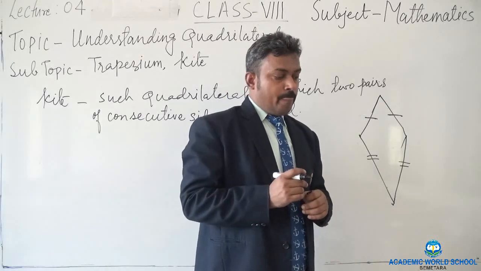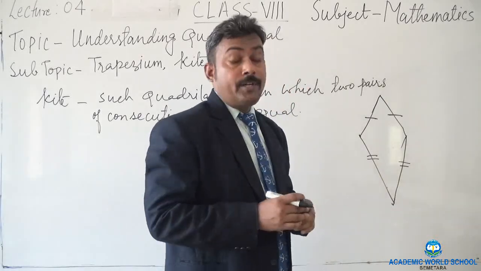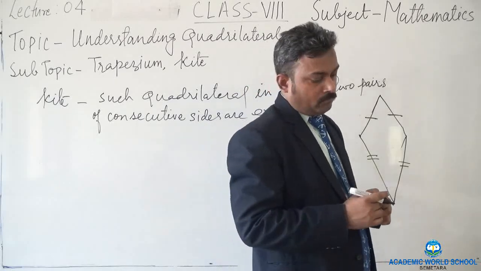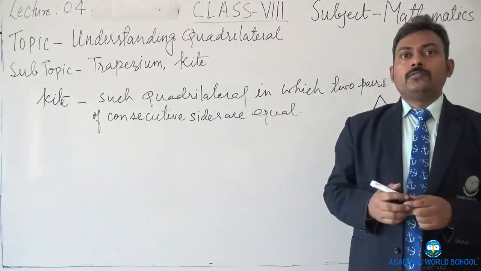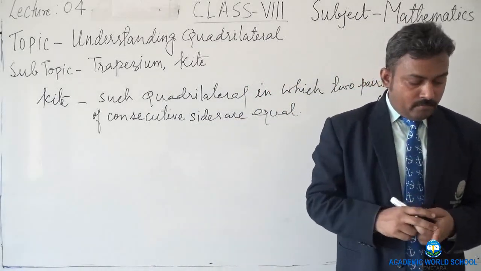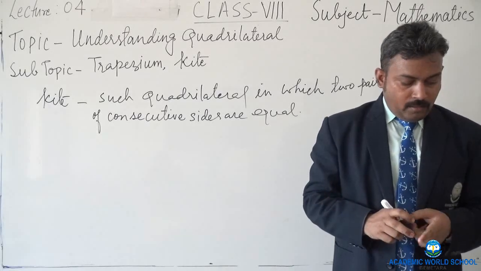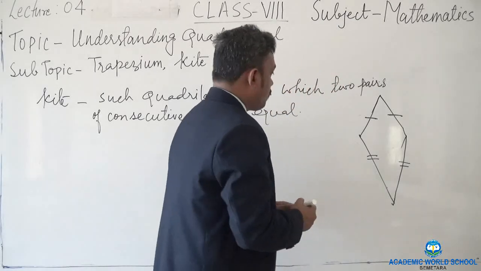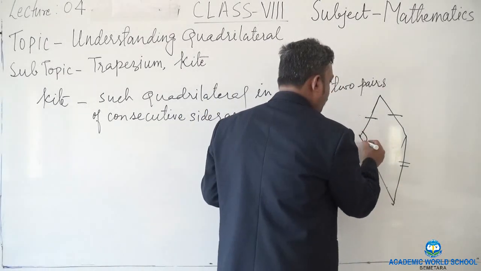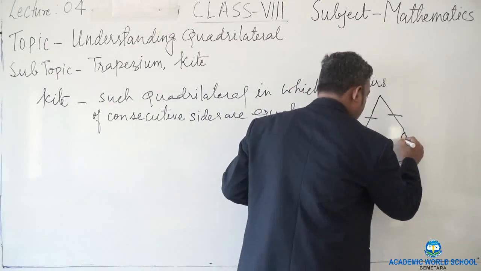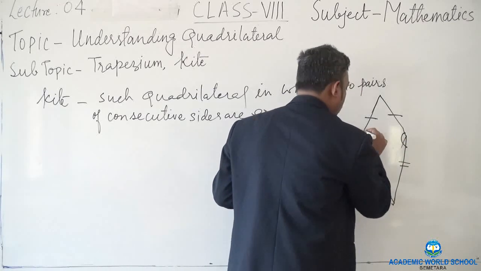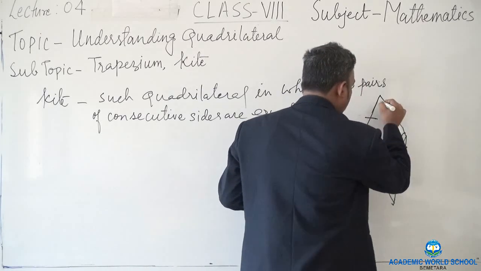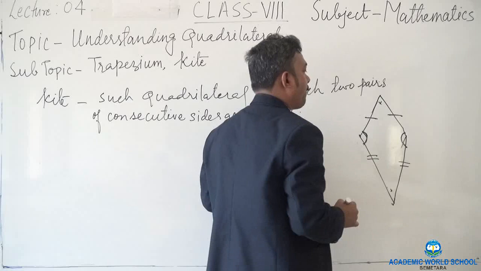Now we will talk about the properties of a kite. First let's talk about the angle property. This pair of angles you will find equal, not this one.